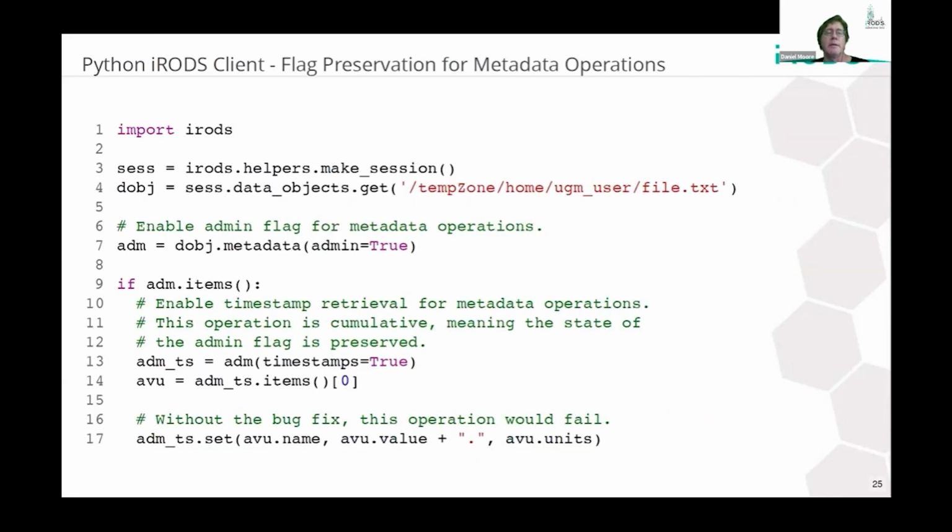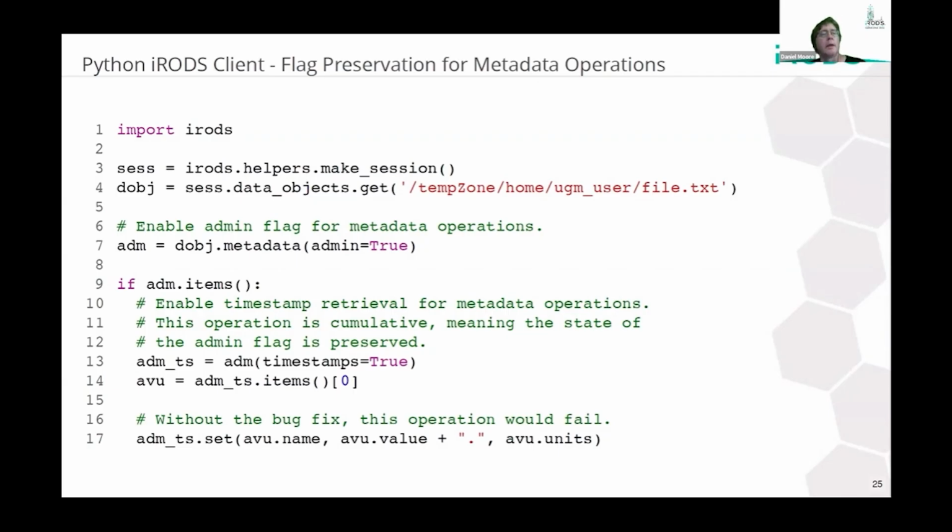Okay, we see an example here where on line 4, a reference to a data object is created. This object is actually not belonging to the rodsadmin who is authenticated through the session. So we would expect to have to turn on an admin flag to be able to modify its AVUs.